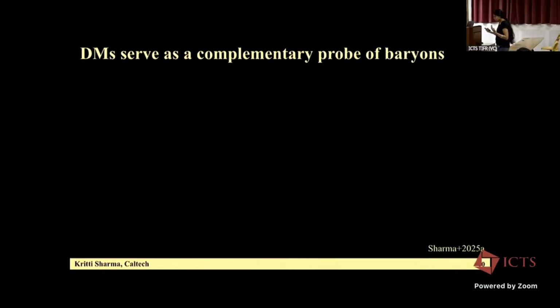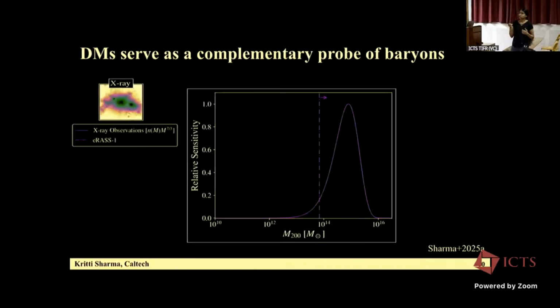Just to put FRBs in the broader context of all probes of baryons, first of all, we have X-ray observations, which are sensitive to the most massive halos out there. The sensitivity goes as m to the power 7/3, so it peaks somewhere around 10^15 solar mass halos.